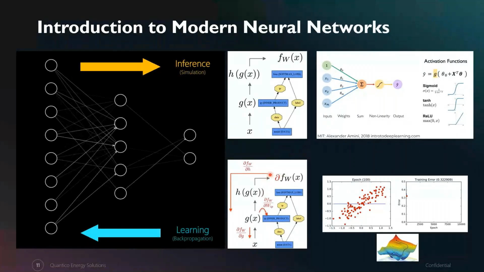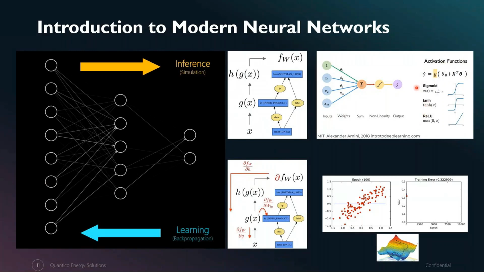We usually have an objective function, which is usually the mean squared error between measurements and predictions. And the gradient of that function needs to be backpropagated all the way almost to the input layer to update these weights. So that backpropagation is done by the chain rule. And the activation functions could vary.